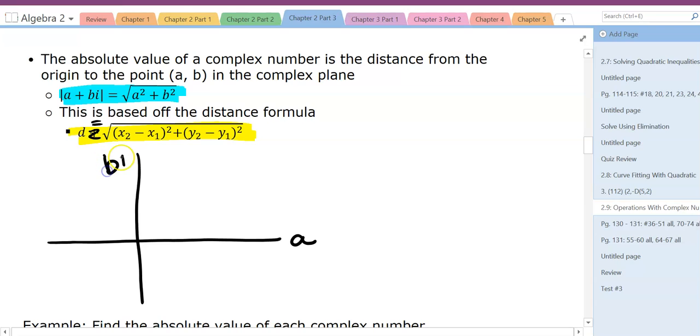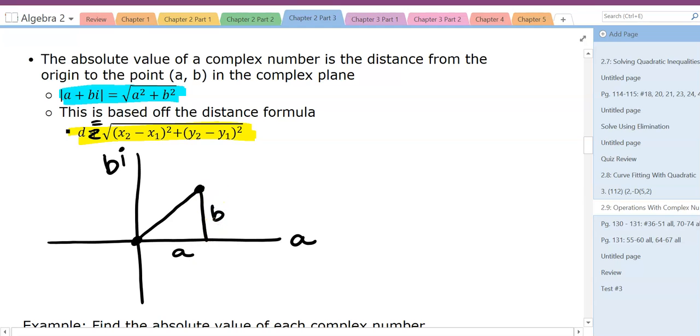The imaginary number is where the y-axis is. So a is going to represent your real number part, and the bi is going to represent your complex number part. So if I had 2 points here, I can form a right triangle where the distance across the bottom here is your a, and the distance up and down is your b.